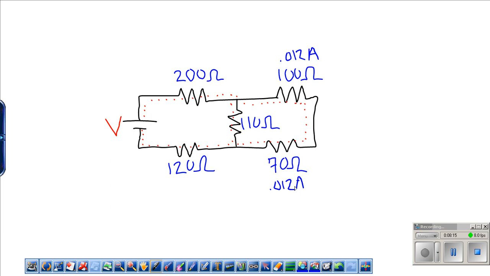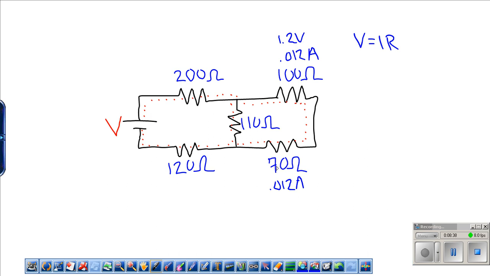Now you know, of course, hopefully, which equation to use. Ohm's law. V equals IR. What do we have? Resistance, current. This means I and R, so we can find voltage. 100 times 0.012 amps, that's going to yield a 1.2 volt drop.